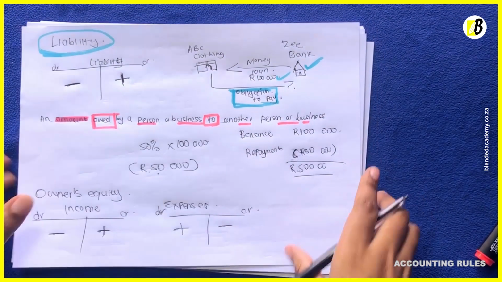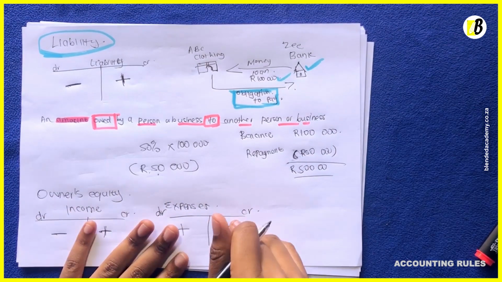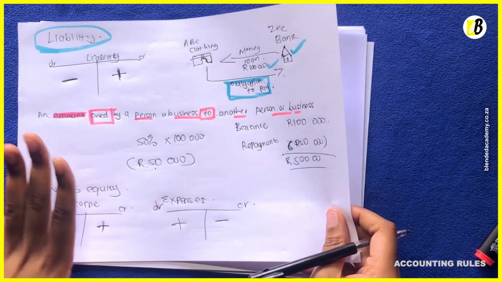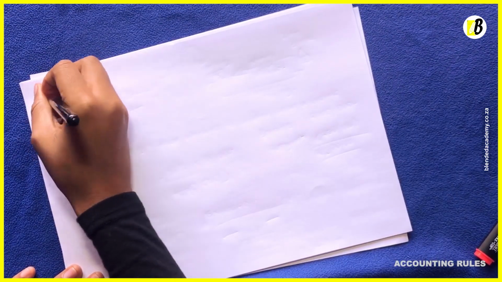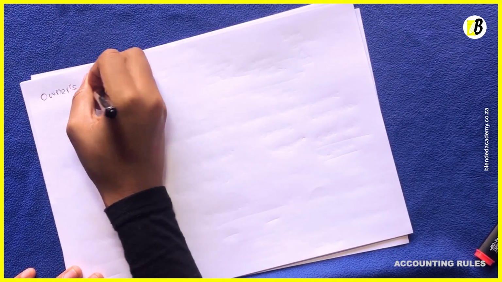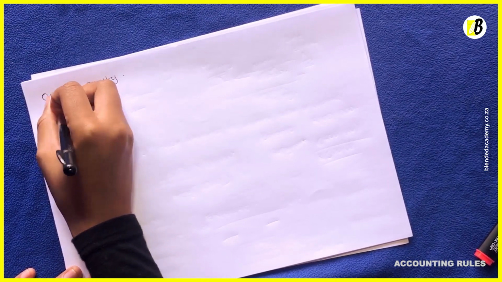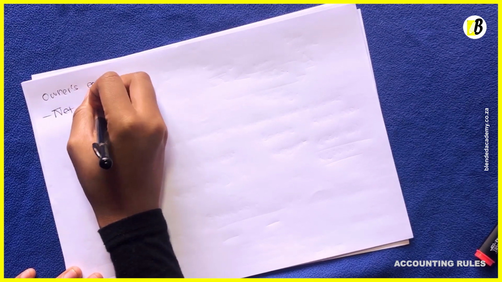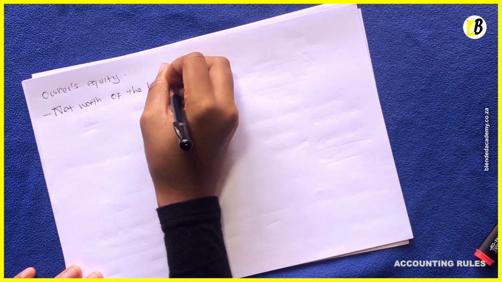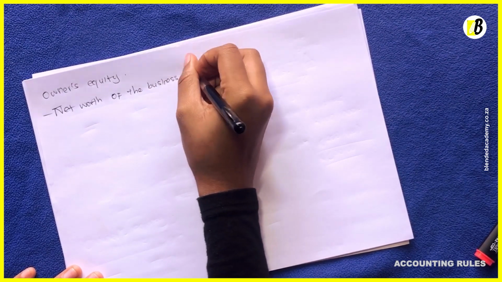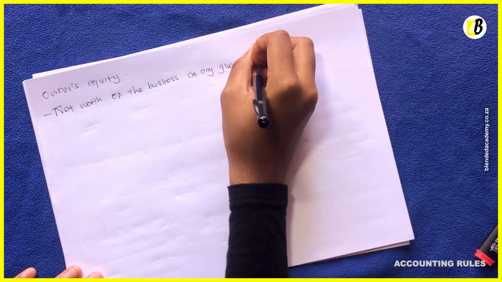So I'm going to make a very good example of an income and an expense. Before getting to that, let's define what owner's equity is. Owner's equity is the net worth of the business at any given time.